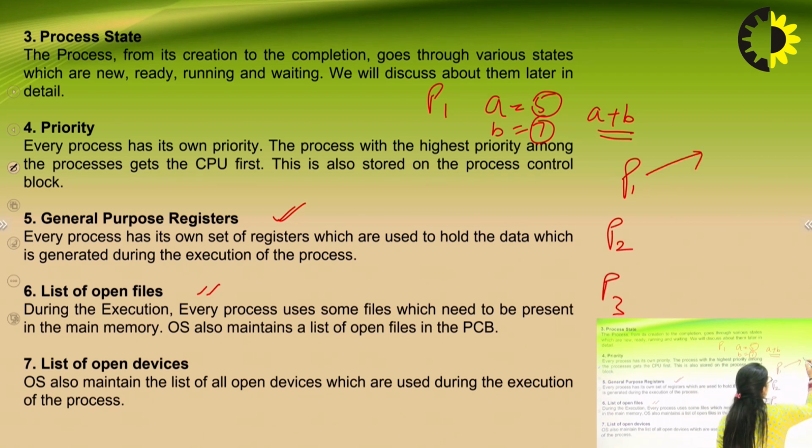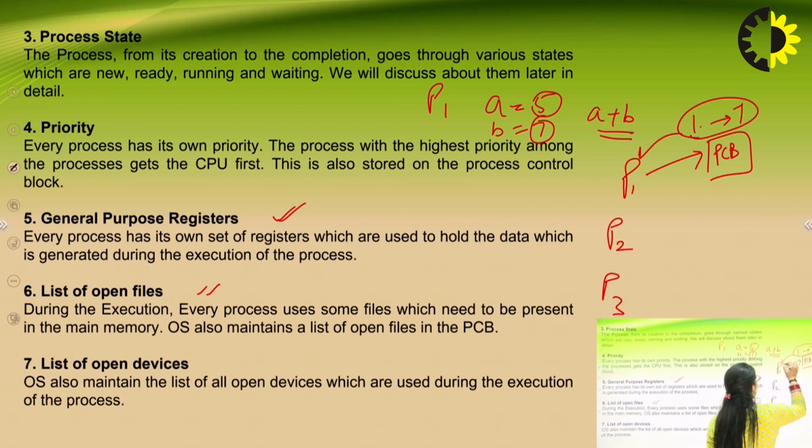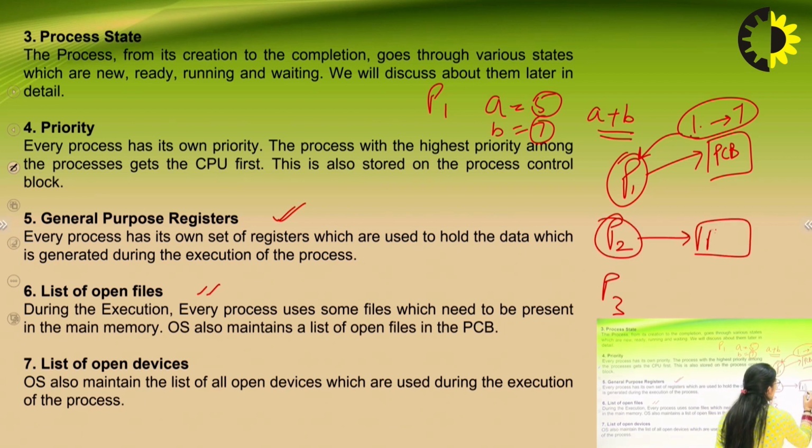So P1 has its own PCB which contains all these 7 attributes regarding this particular process. Similarly, P2 also has its own PCB which contains the information regarding this particular process.